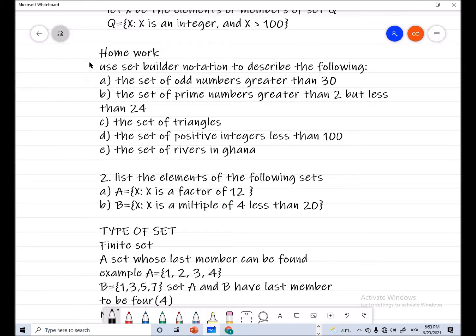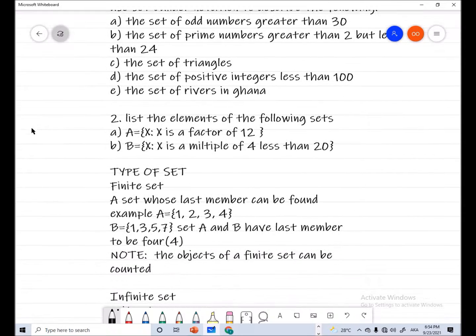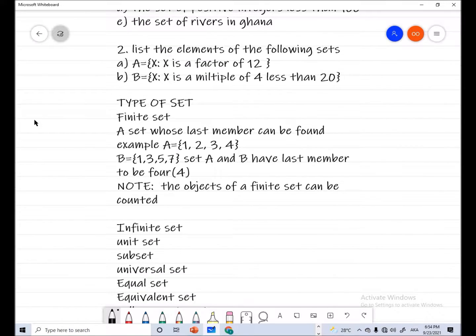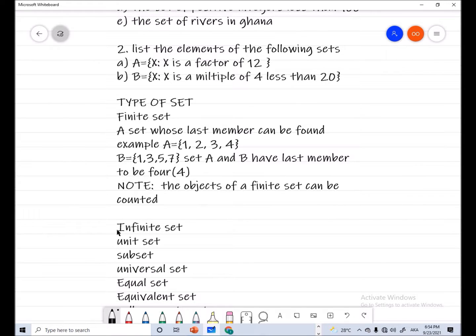Let us end here. The next time we come, we are going to look at the exercise. You solve the exercise that we have, then we go to types of sets.